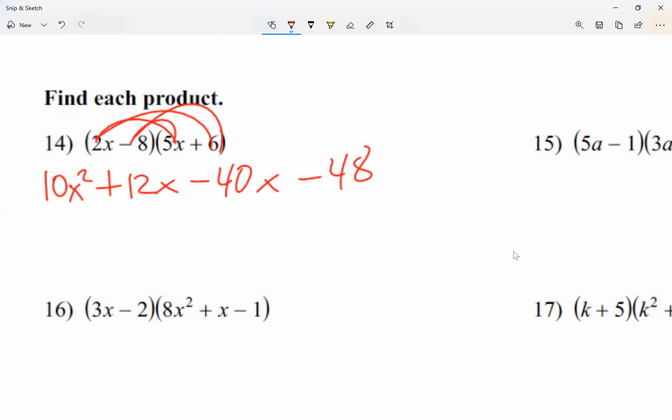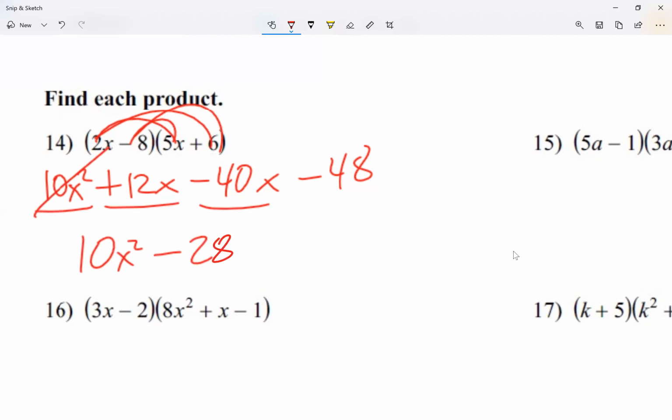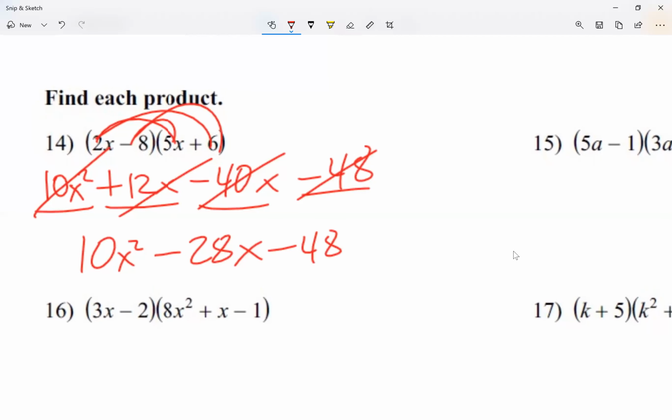The highest exponent is the second, so 10x to the second, then 12x minus 40x. 12 minus 40 is negative 28, so let me call that minus 28x. And then minus 48. That's it.